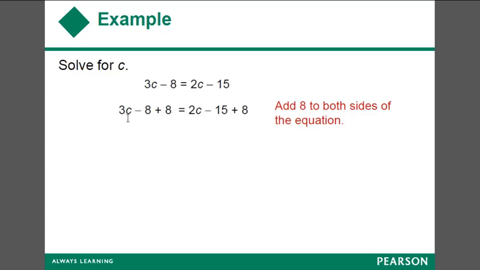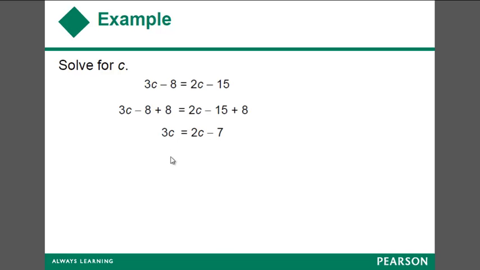That's going to eliminate my 8 over here and leave me only with the 3c. When I add the 8 to the right hand side, that leaves me with negative 15 plus 8, which is negative 7. So I now have 3c is equal to 2c minus 7.